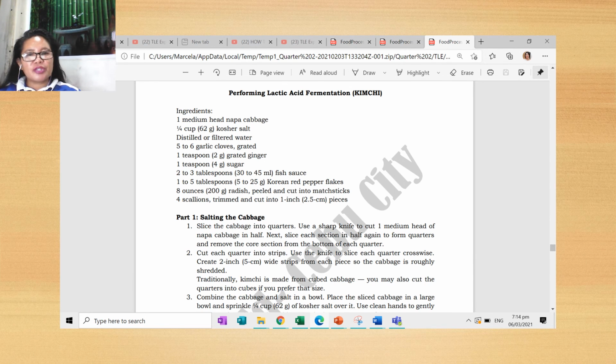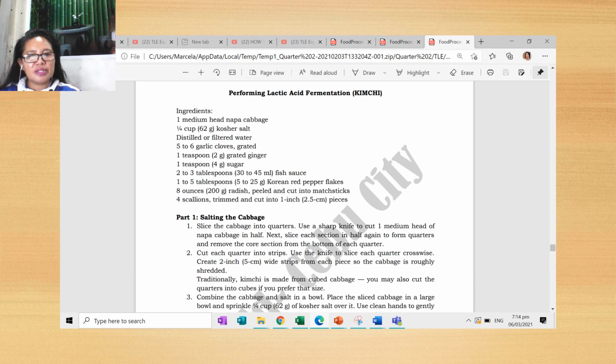Use the knife to slice each quarter crosswise, creating 2 inch or 5 cm wide strips from each piece of the cabbage, roughly shredded. Traditionally, kimchi is made with cubed cabbage. You may also cut the quarters into cubes if you prefer that size.